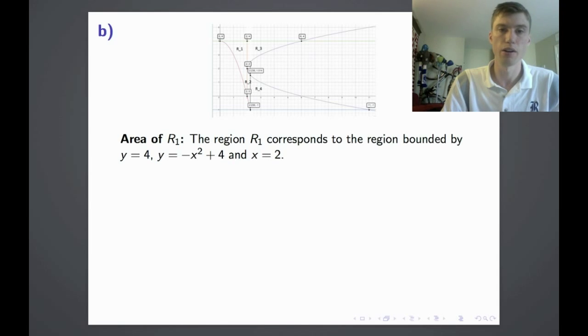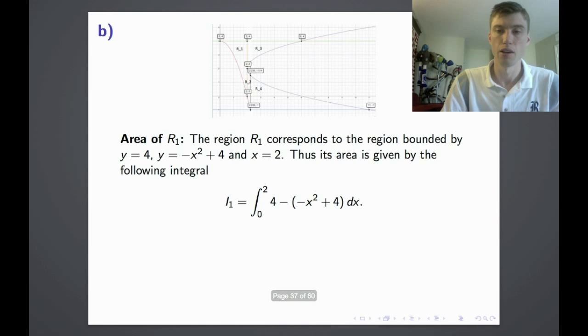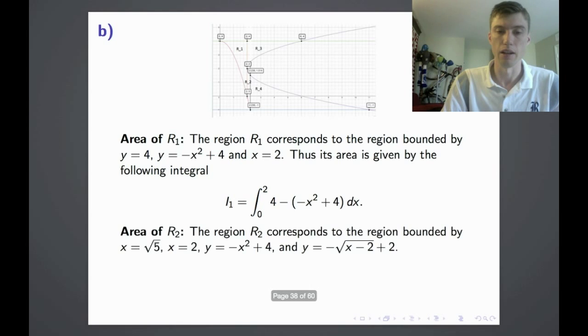So R1 goes from an x value of 0 to an x value of 2, and its area will be the top function minus the bottom function integrated over that range.